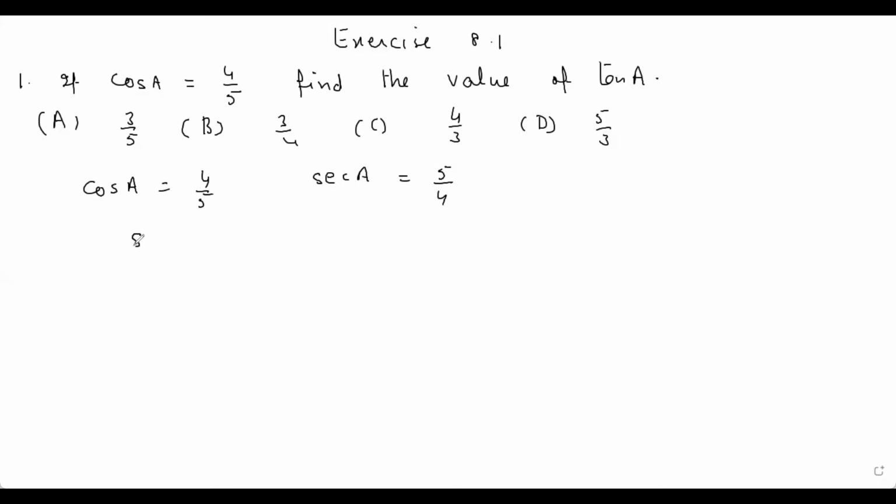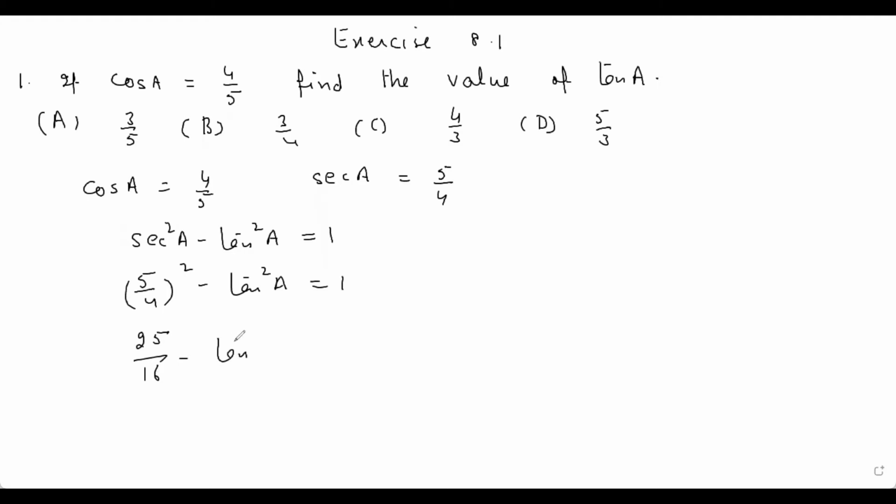Now we know sec square A minus tan square A is equal to 1. Instead of sec A, write 5 by 4 whole square minus tan square A is equal to 1. 25 by 16 minus tan square A is equal to 1.